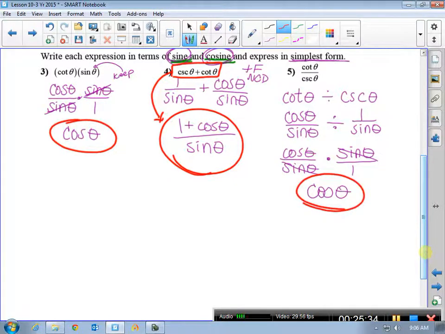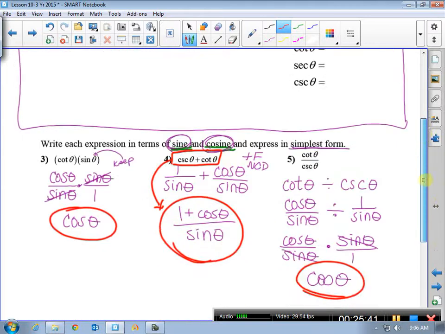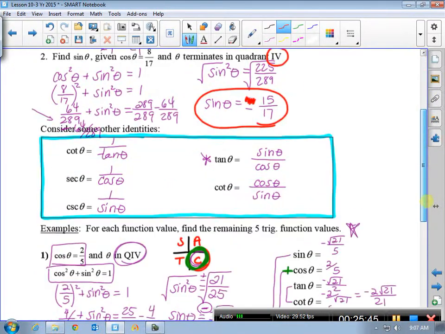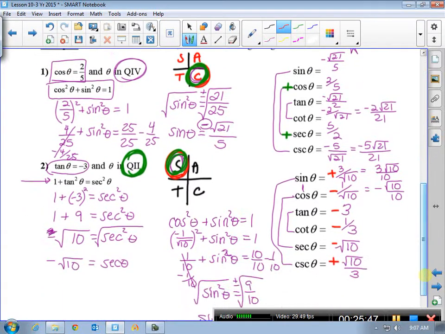Okay, so that's it. I said I wanted to peek back at that other page and show you something that would tie us back to the beginning of the unit, for these two questions here. Remember, we were already able to find the 6 trig values using SOHCAHTOA.